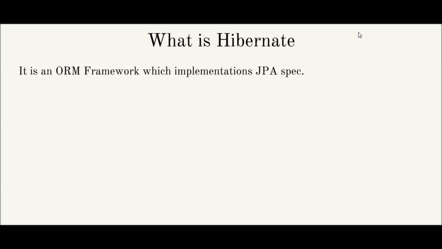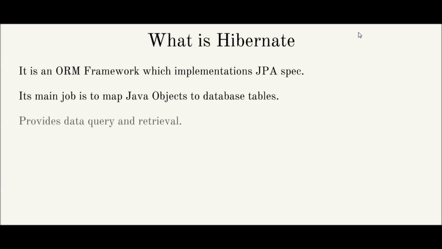I would say, in fact, it is the most popular tool in the market which implements JPA. The main job of Hibernate is to make sure that your Java objects can map to database tables, and you can write your objects into rows or retrieve rows and map them to Java objects.